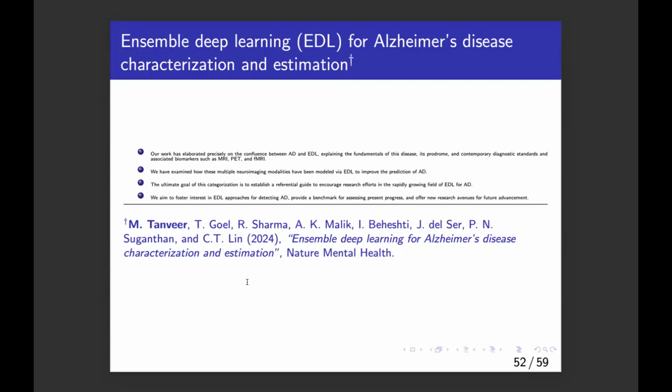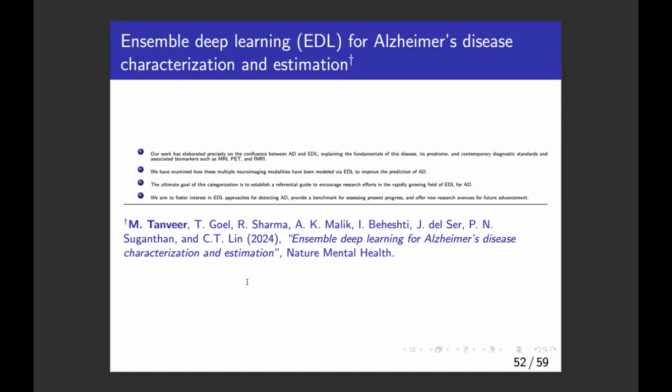According to a recent report, around 50 million people were affected by this disease, and it is expected to triple by 2050. So early detection and diagnosis is very important to save the lives of people. Alzheimer's disease manifests through various symptoms affecting cognitive functions.